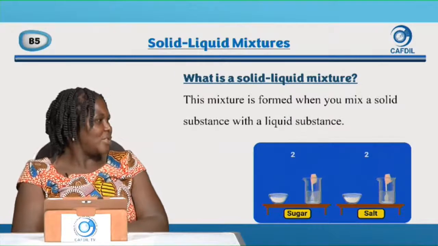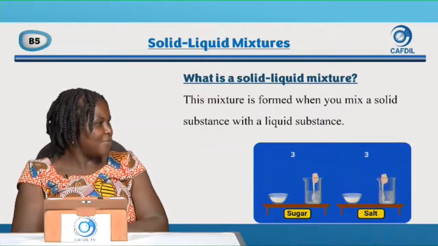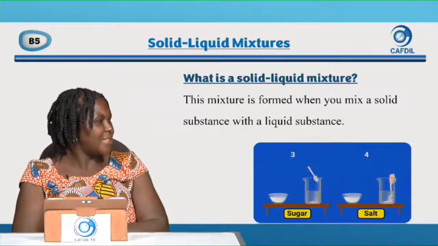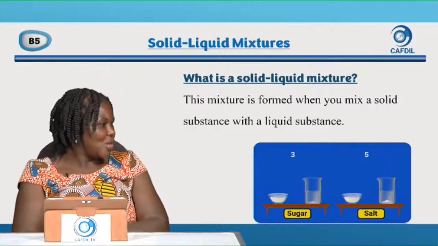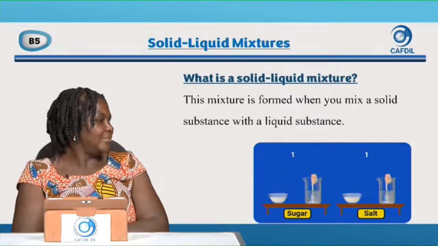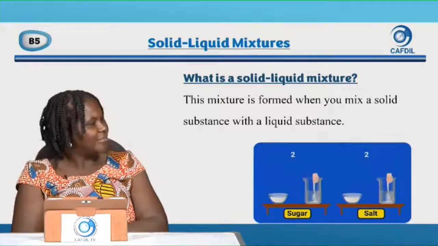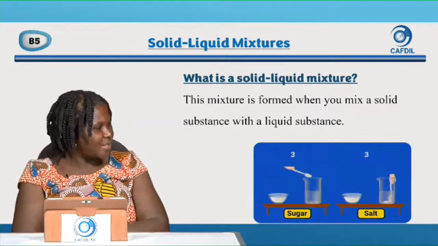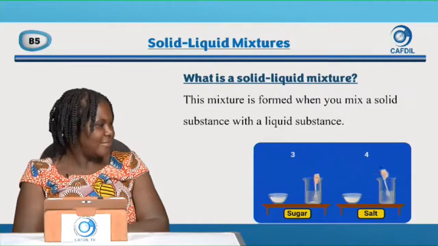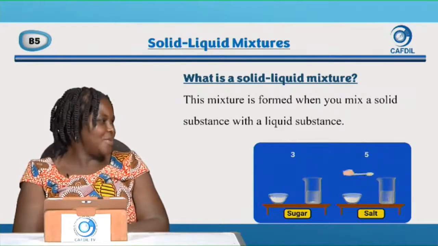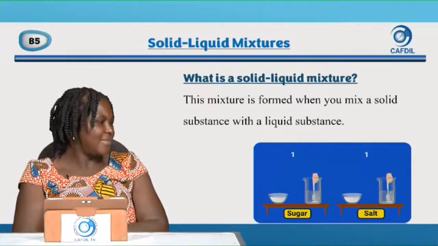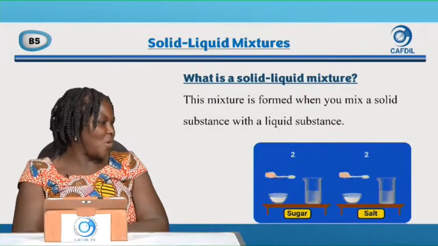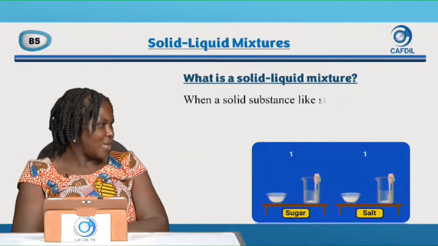Good. So this mixture is formed when you mix a solid substance with a liquid substance. So we have sugar and water. We have salt and water. When you mix, you get a mixture of sugar and water and a mixture of salts and water.